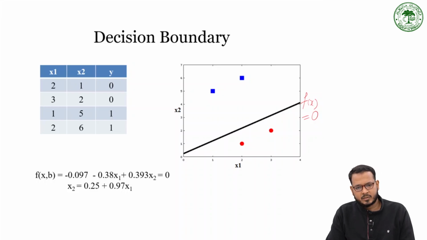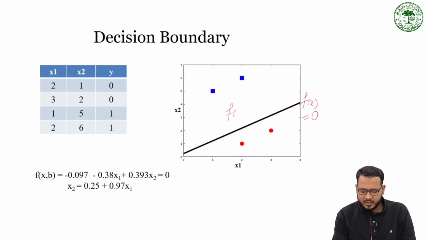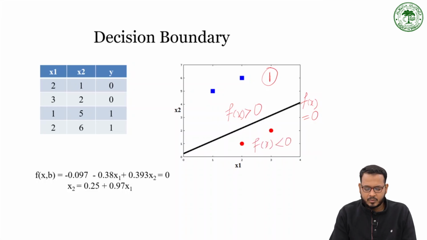We have seen this concept in the earlier lectures also. A decision boundary is a curve which separates one type of examples from the other type of examples. In this specific case, whenever f(x) is greater than 0, it represents the region of class 1, and whenever f(x) is less than 0, it gives us the region of class 0.